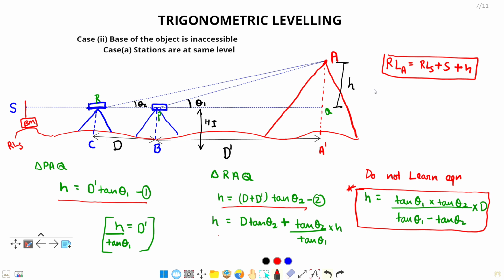I got two variables, solved them and got the value of h, and from the value of h I got the RL of point A.